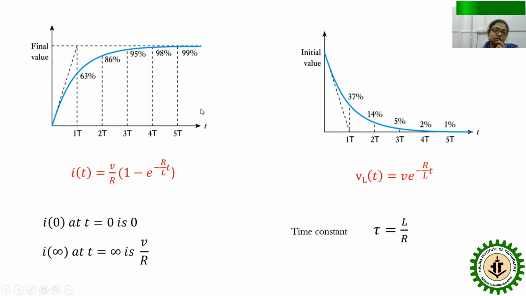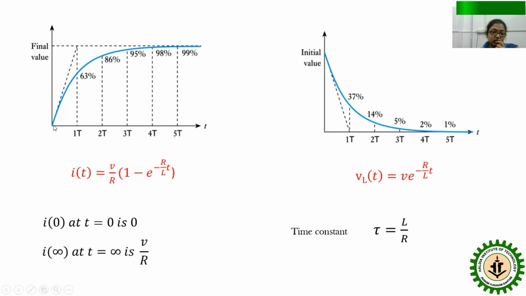Now if I consider that the circuit is continuing for a long time, so we reach infinite time. We can represent t equals infinity, meaning its final state. If I put t equals infinity, then you will find i(infinity) is V by R, which is the maximum current here.